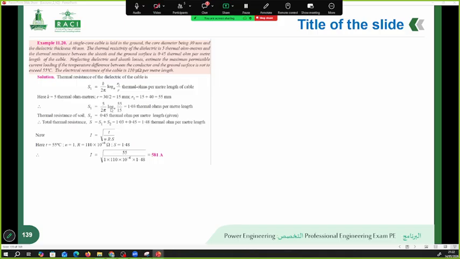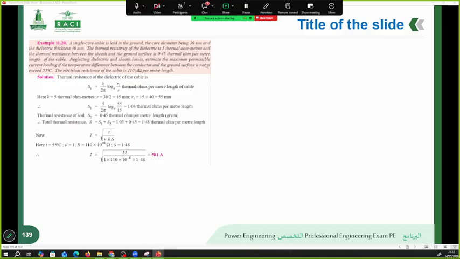This is the example here. Single core cables are laid directly in the ground. The core diameter is 30 millimeter and the dielectric thickness is 40 millimeter. The thermal resistivity of the dielectric is 5 thermal ohm meters, and the thermal resistance between the shield and the ground surface is 0.45 thermal ohm per meter length of the cable, neglecting dielectric and shield losses.